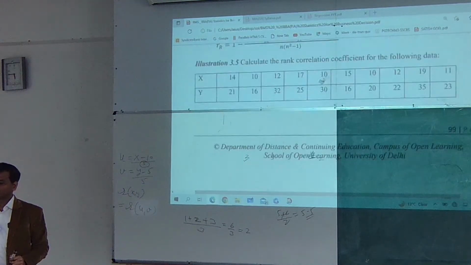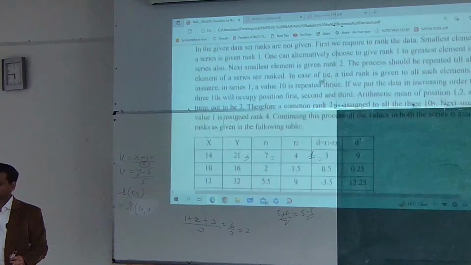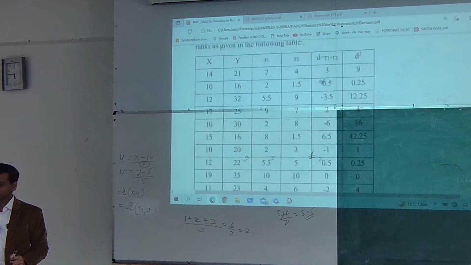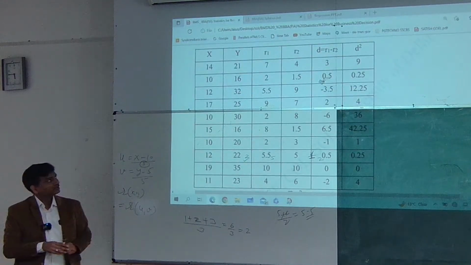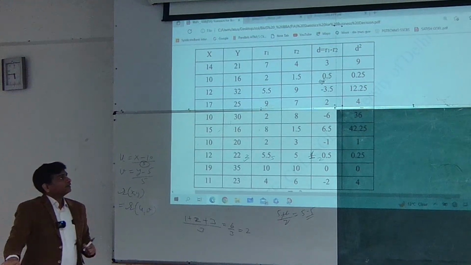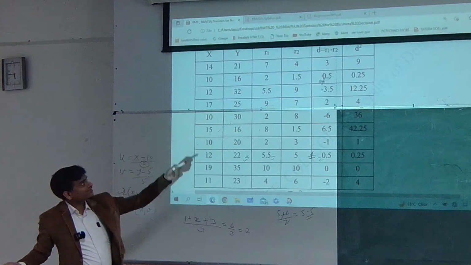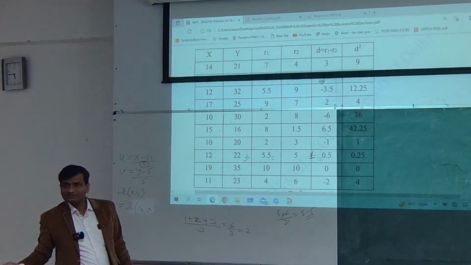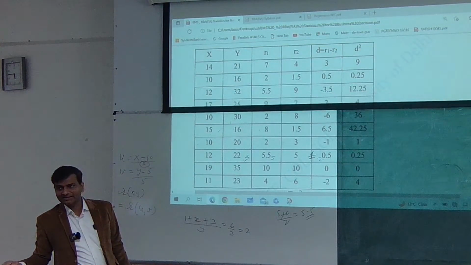Similarly, you have to rank all others. You can see the ranking. Similarly, जो मैंने आपको बताई है उसी वे में हमने रैंकिंग करी है.